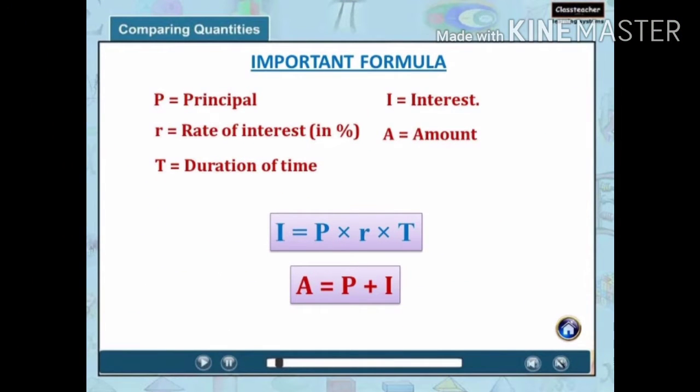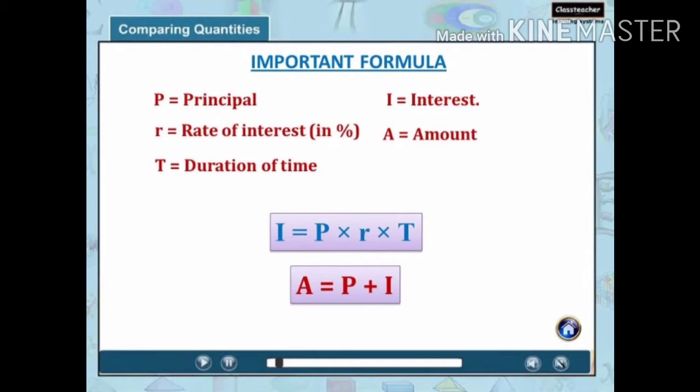So now is the formula. This is the formula of simple interest: I equals P times R times T. P is principal, R is rate of interest in percentage, T is duration of time, and I is interest.